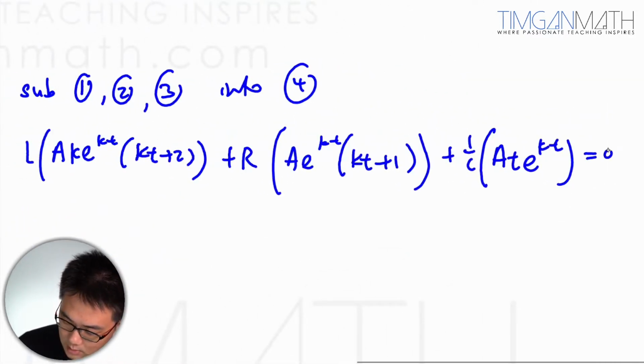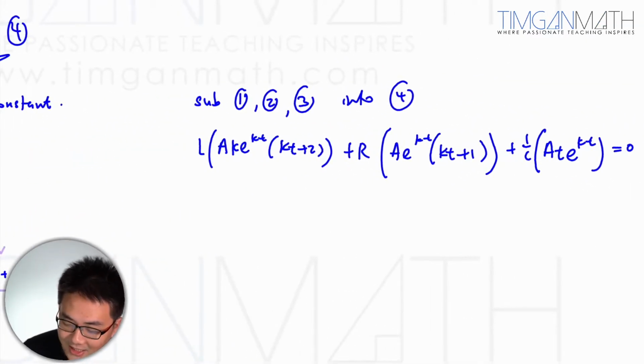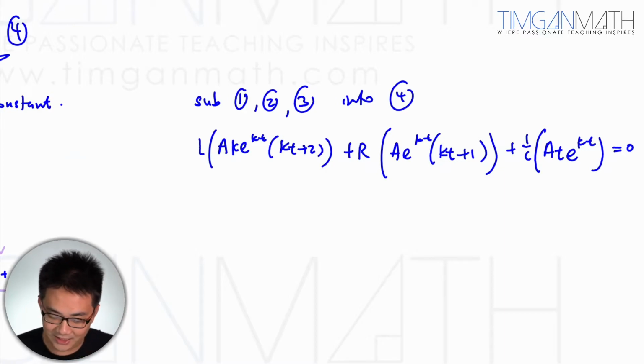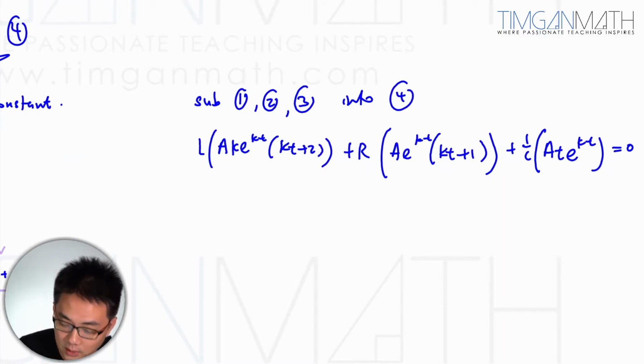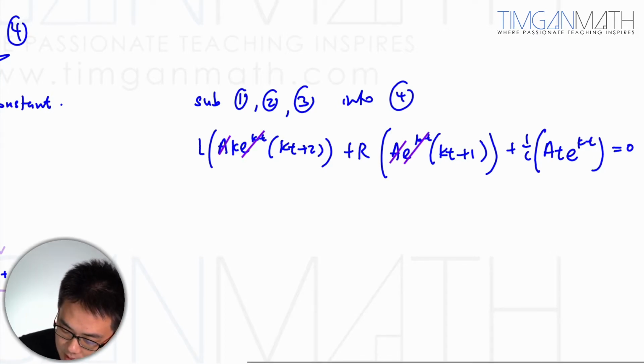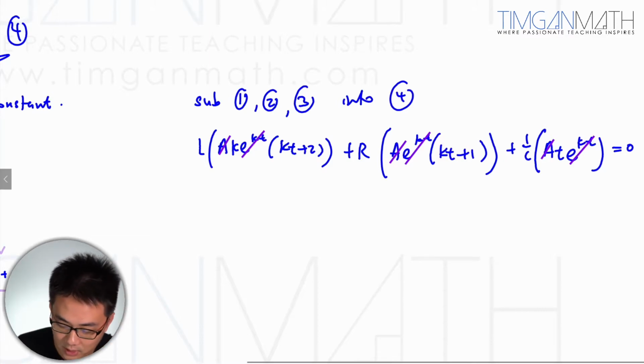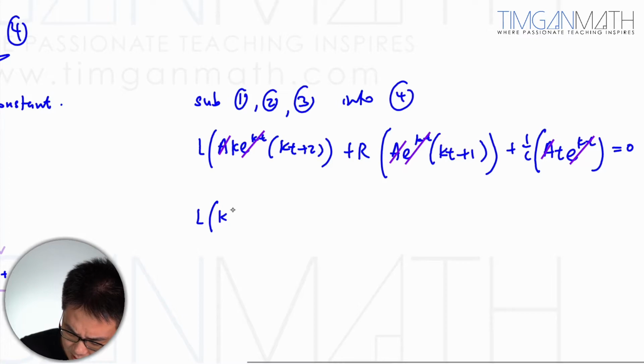That's about it. Once we've done this, it's pretty okay. Before we sub it in, I can see this common factor A, so we could divide throughout with it. We're going to get L k(kt + 2). Maybe I shouldn't skip steps, so just divide both sides by e^(kt).